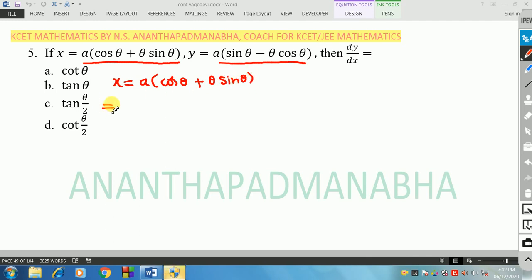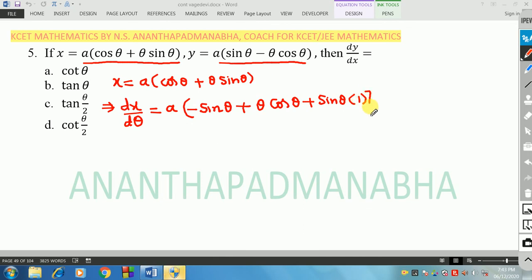Differentiating with respect to theta, dx by d theta is equal to a into derivative of cos theta, which is minus sin theta, plus the derivative of theta into sin theta: first function is theta, derivative of sin theta is cos theta, plus second function sin theta into derivative of theta, which is 1 here.